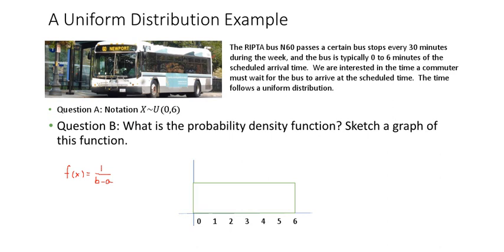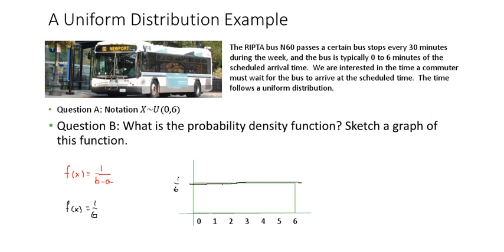So in this case, a and b are equal to 0 and 6. So our function is going to be 1/6. What that means is that we're going to draw a horizontal line at the level of y equals 1/6 to represent that function.